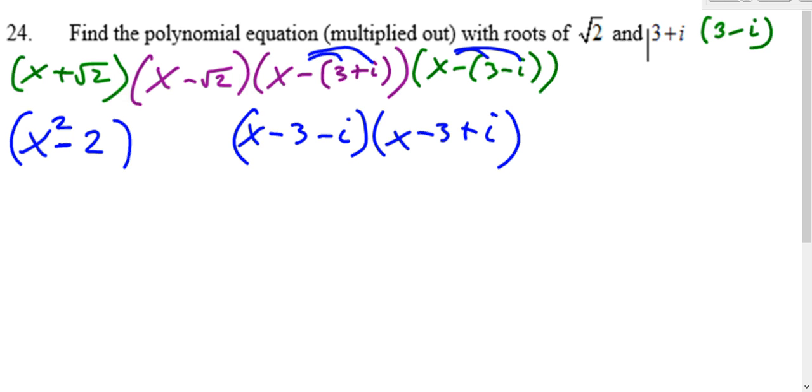My favorite is just to group the x minus 3's. Think of them together. And then similar to over here, we have minus i plus i, which is the difference of squares type pattern. So it's x minus 3 squared, just like we had x squared. And then negative i times positive i is negative i squared.